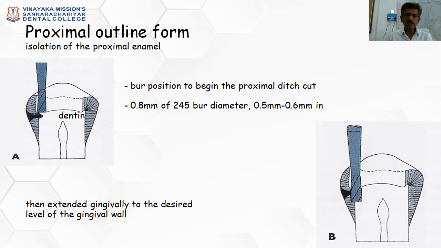Then it's extended gingivally to the desired level of the gingival wall. On the right side, you have a picture which shows the level to which you can make the gingival seat.